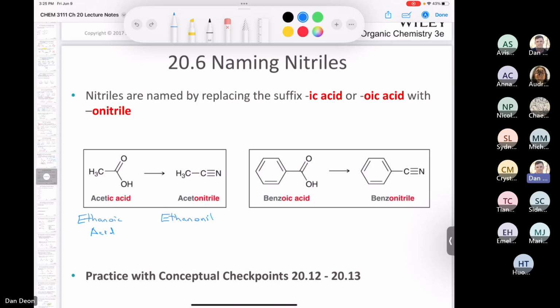I don't think you would have the E in there. Benzoic acid becomes benzonitrile. And that covers all of the naming.